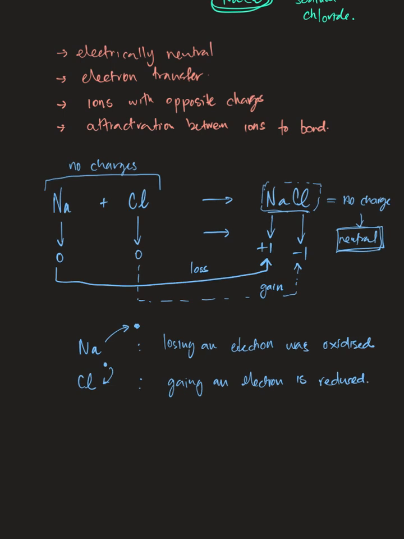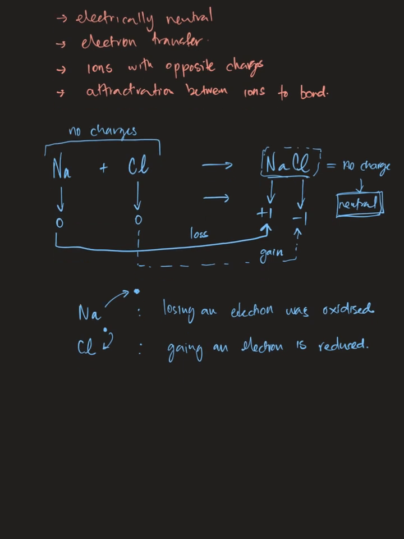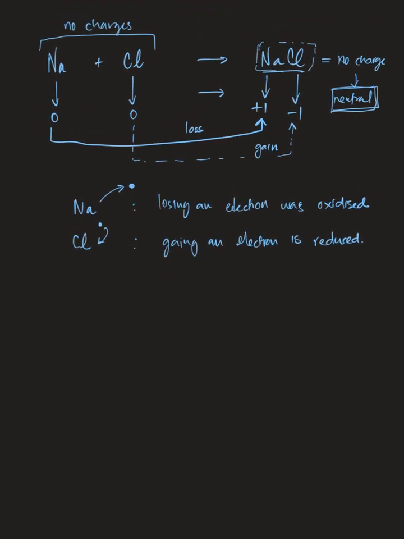Right. So I've got here pictures, words, equations. Let's have a look at how we break this down. I'm just going to do them next to each other. I can say that Cl is reduced.